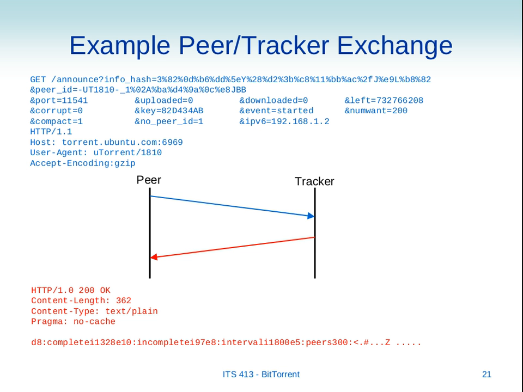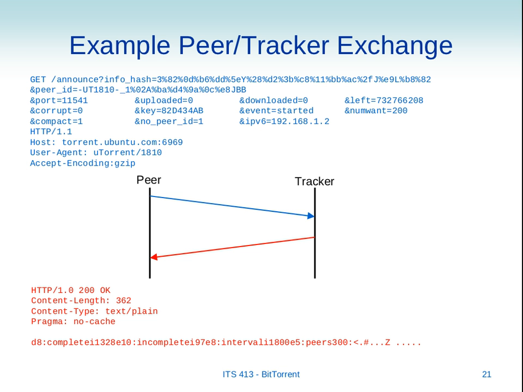The tracker sends back a response as a normal HTTP response, HTTP 200 OK, and included in the response is just plain text, which includes fields and values. The number of completed peers in the swarm, the number of incomplete peers in the swarm.